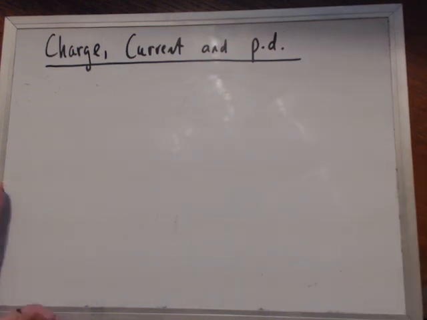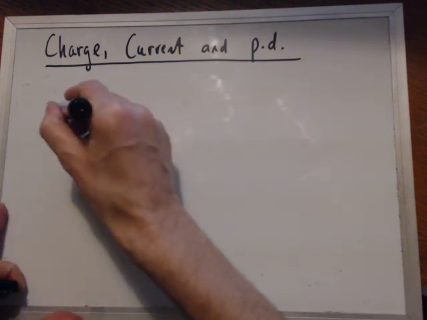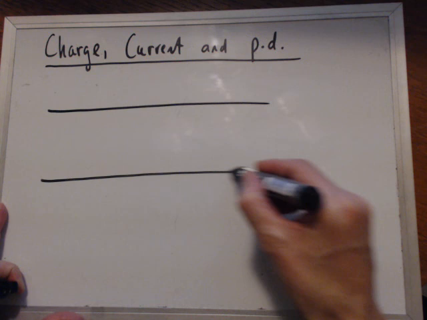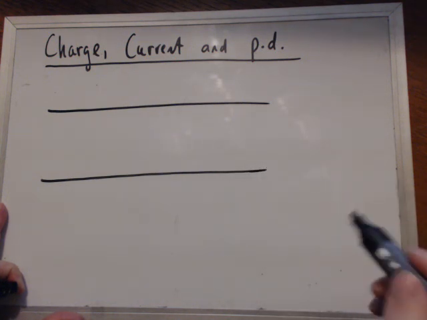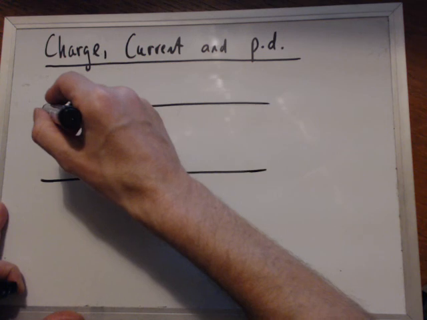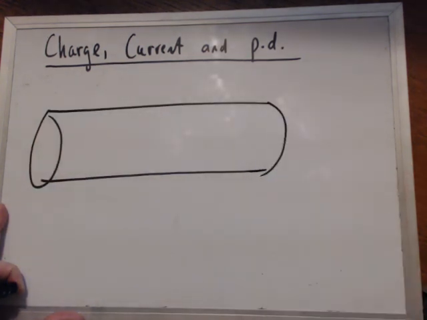Let's talk a little bit about how charge flows in a metal. So let's say this is a metal, like a little tube of metal, a wire.